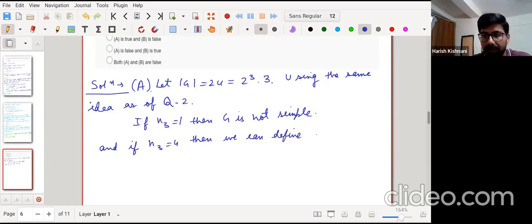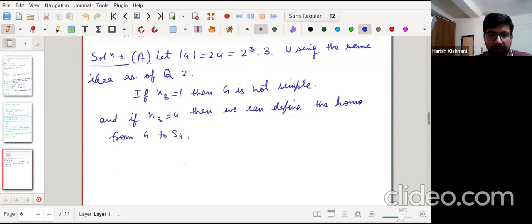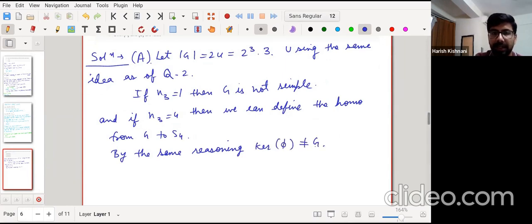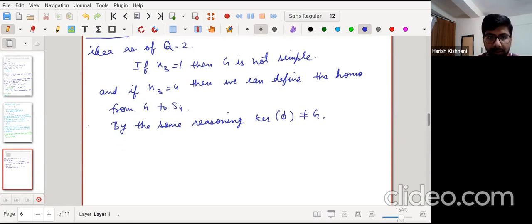the homomorphism from G to S4. And by the same reasoning, the kernel of phi is not equal to G. The only trick here is what if the kernel of phi is the identity.